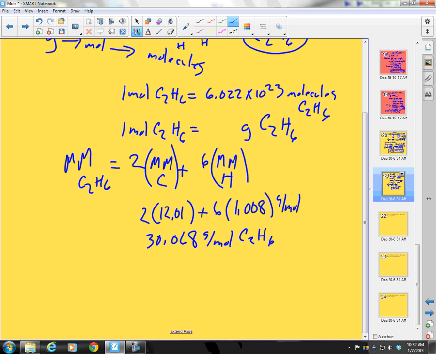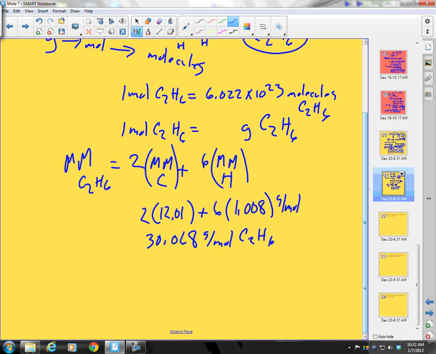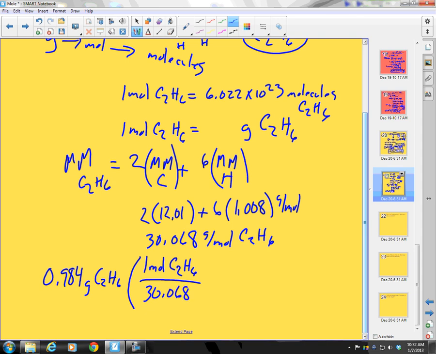What do I start with? 0.984 grams of ethane. And I want to convert that to moles, so I'm going to do what? There's 1 mole of ethane per its molar mass, 30.068 grams of ethane. Okay, good. So my grams cancel, and I'm left with moles, but I don't want moles.